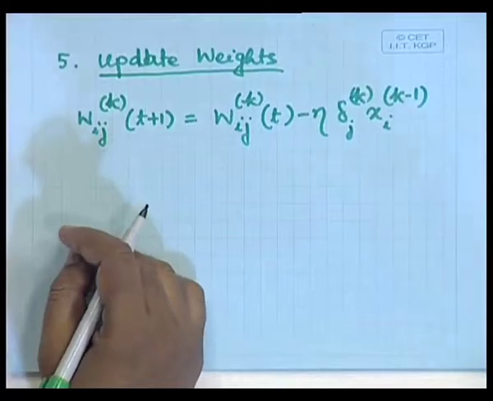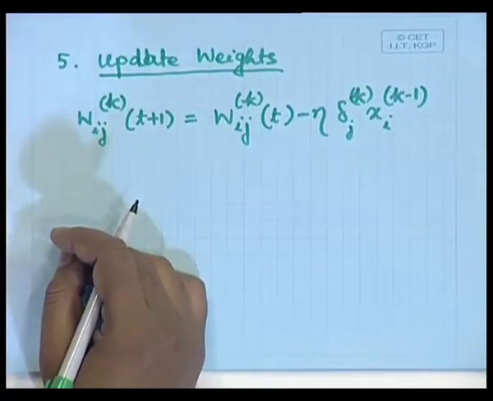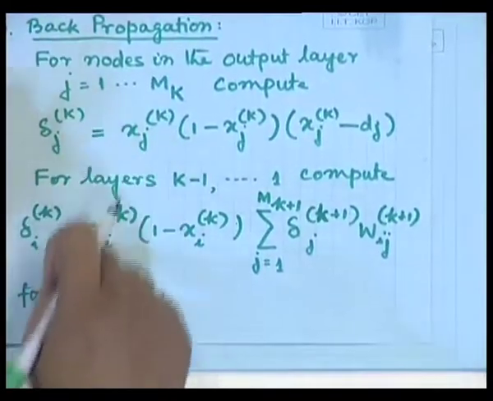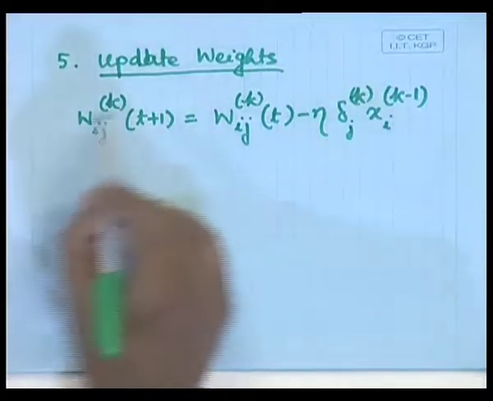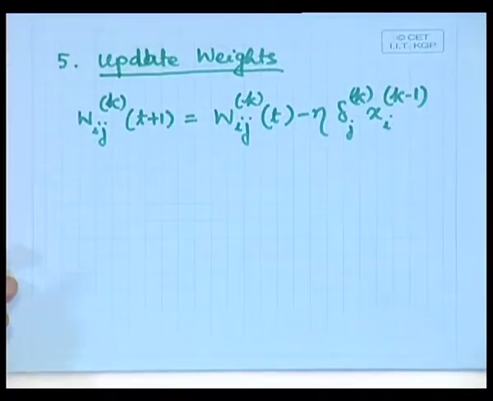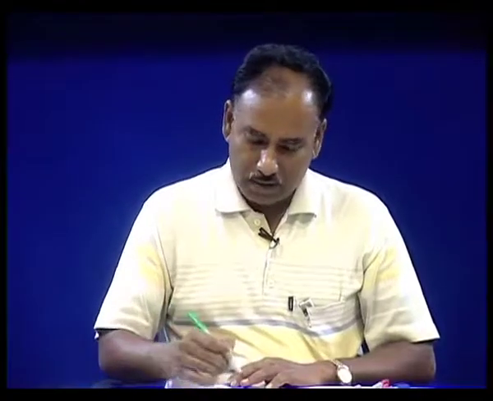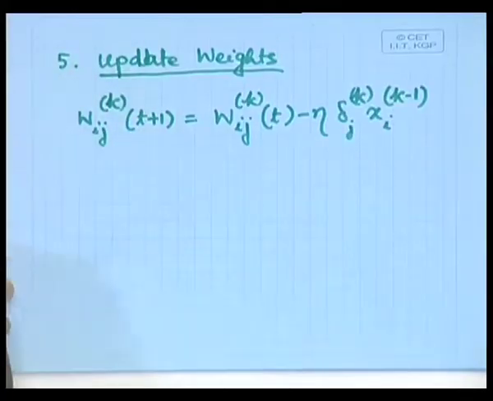Okay. So, why I have put this delta term is that having different computations of this delta value, I can have a single expression for weight updation rule. Okay. And all these steps are to be repeated.